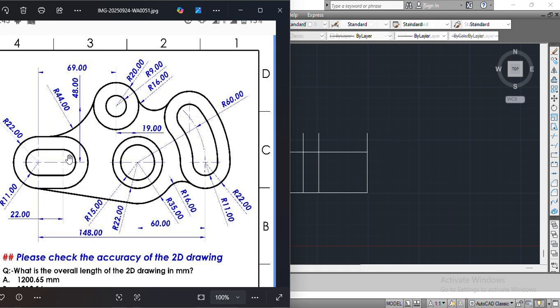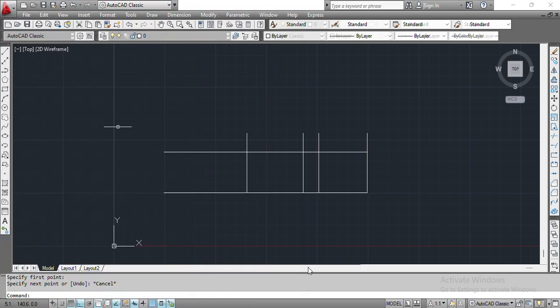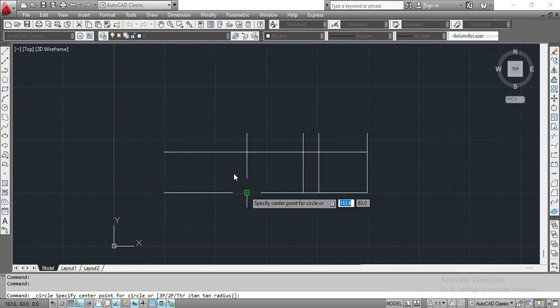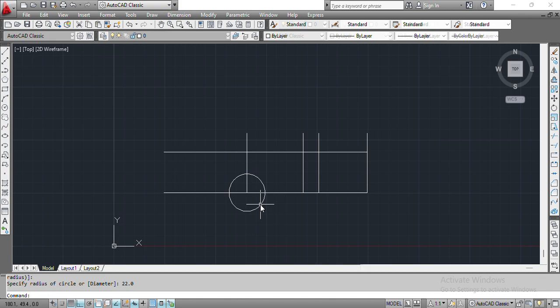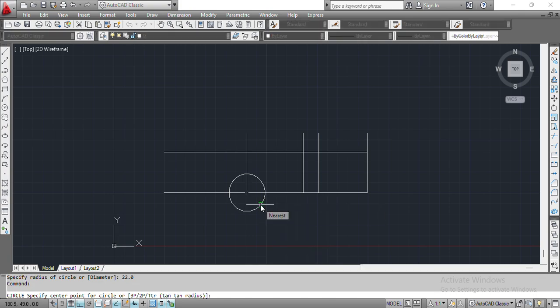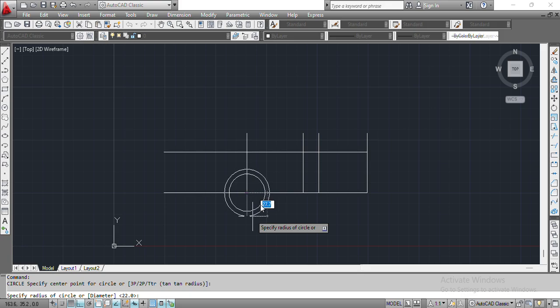Circle of radius 22 and circle of radius 11, the same we are going to draw here, the same radius. So we are going to draw a circle of radius 22.0 and circle of radius 11.0.